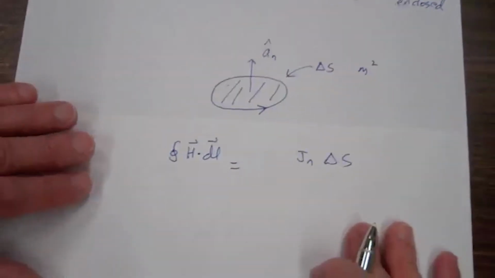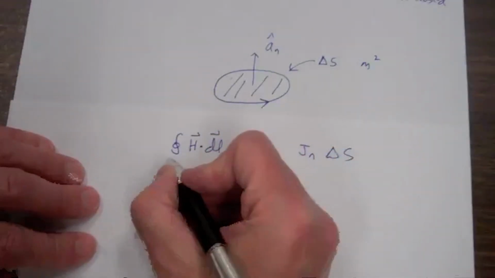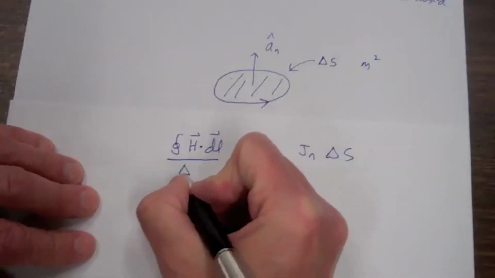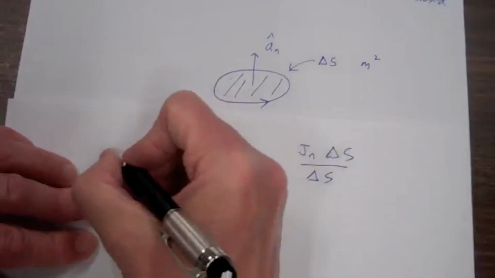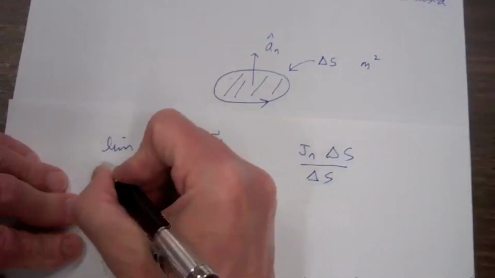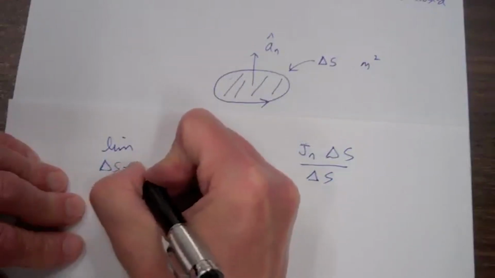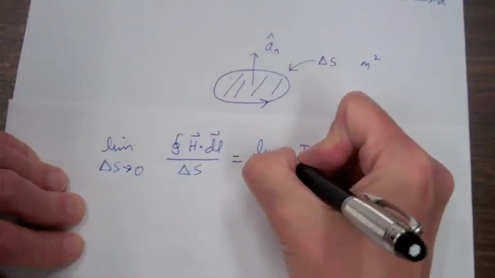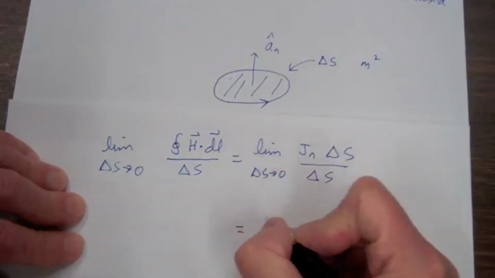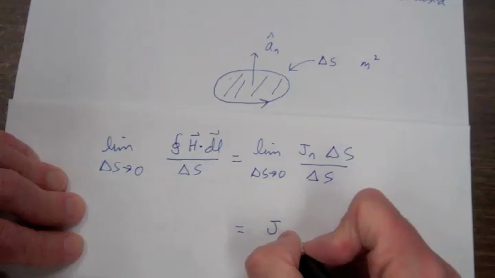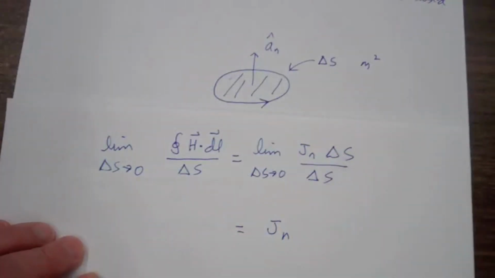Okay, so now let's divide both sides of this equation by delta S and take the limit as delta S goes to 0. The right-hand side just becomes the current density in the direction of our unit vector A sub n.